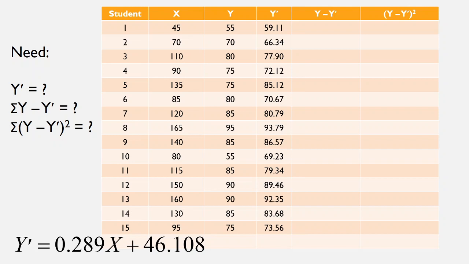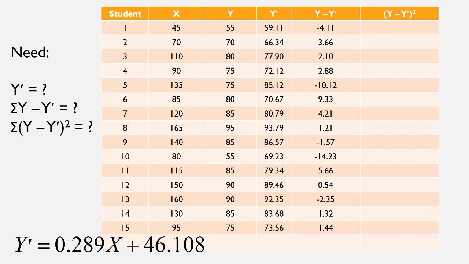Also, you'll notice that some of the y predicted values are higher than you would have predicted, whereas some are lower. So when you go through and you create y minus y predicted, some of those values are positive, some of them are negative. Again, this is by virtue of the fact that some of your predicted scores will inherently be higher than people got, and some will be lower than what people actually got.